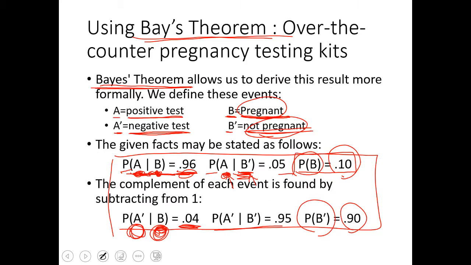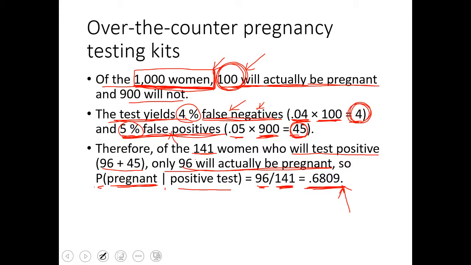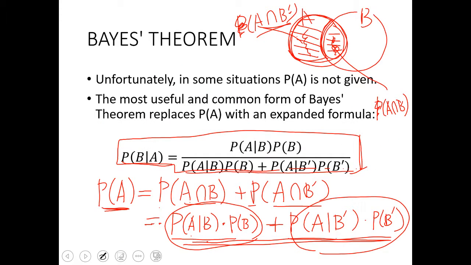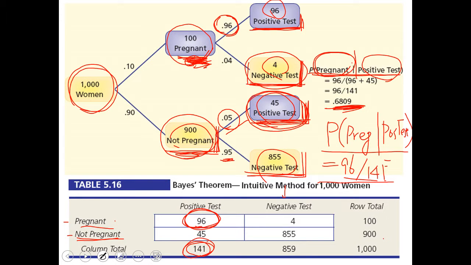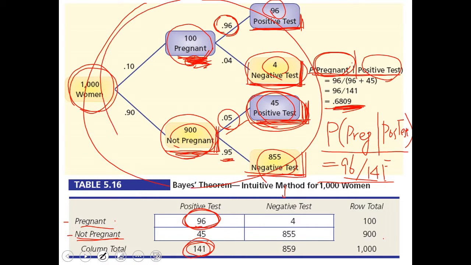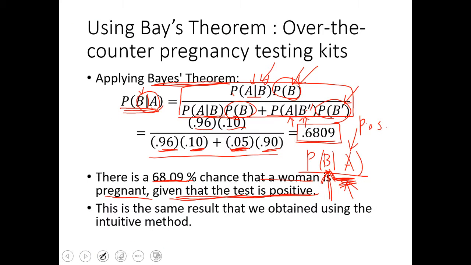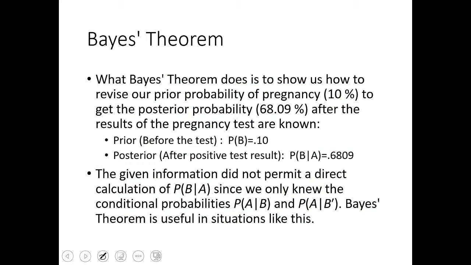So we've studied the Bayes rule using two ways. One is the intuitive approach, and the other is the Bayes rule. If we do not apply the Bayes rule, we only have a 10% probability of pregnant.